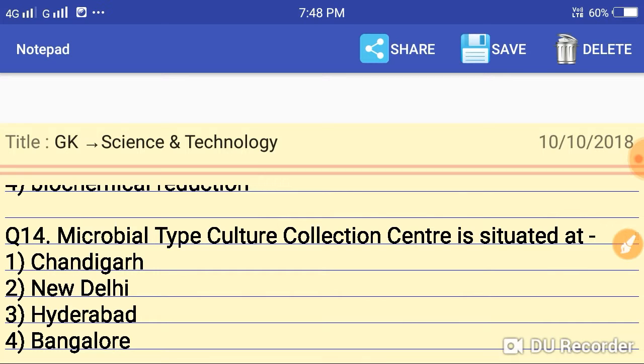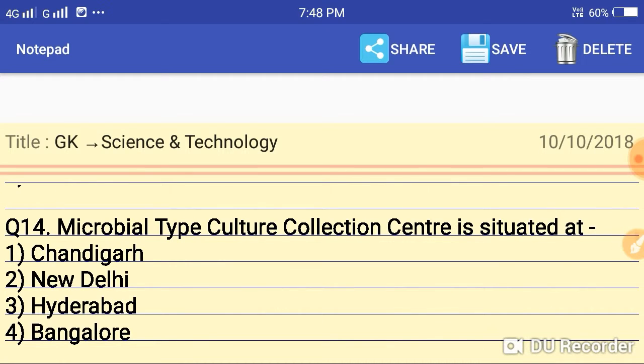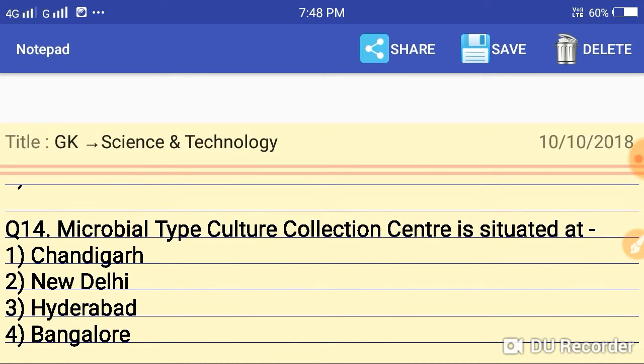Next question. The Microbial Type Culture Collection center is situated at, question number 14. Right answer is option 1, Chandigarh.